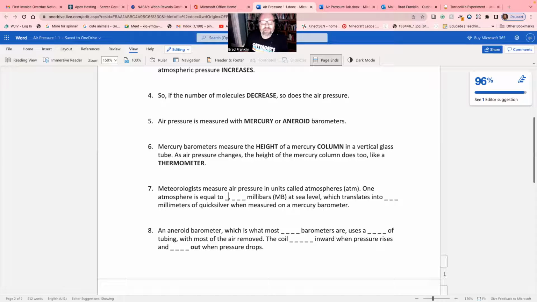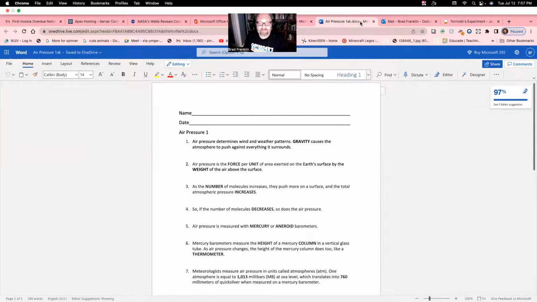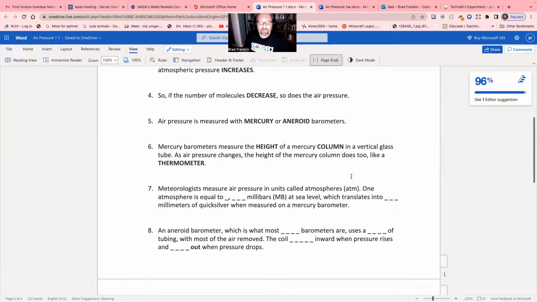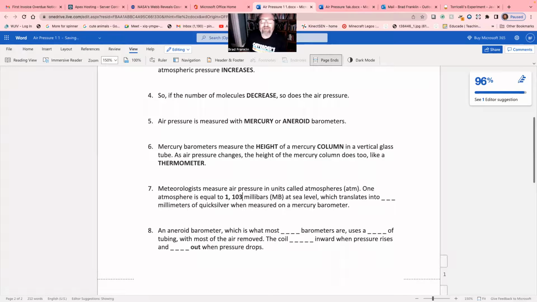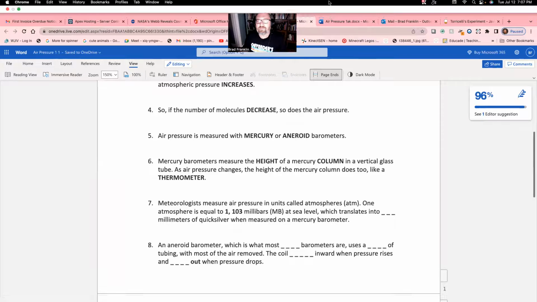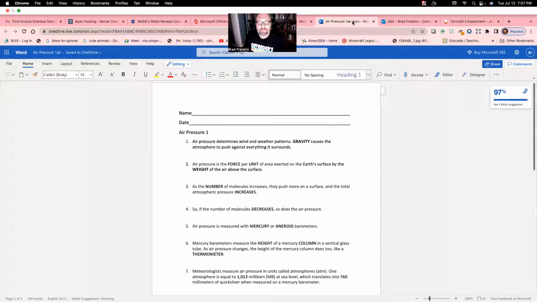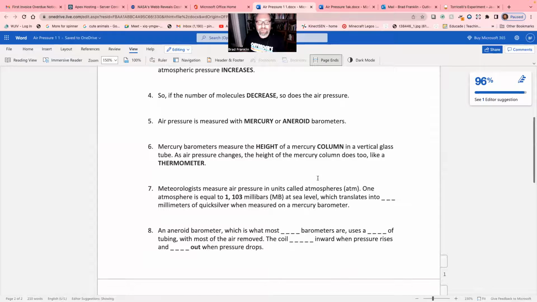One atmosphere is equal to, what is it, answer key? 1,013 millibars at sea level, which translates into how many millimeters of quicksilver?